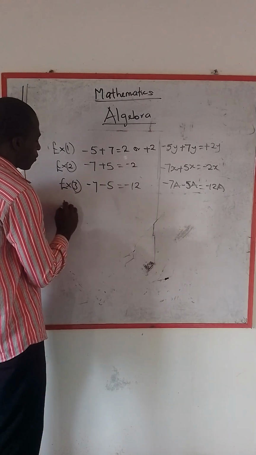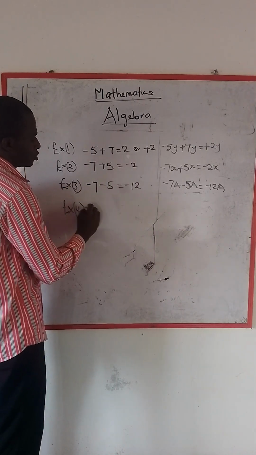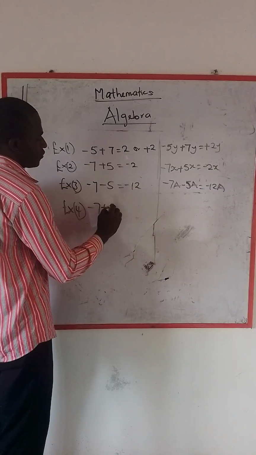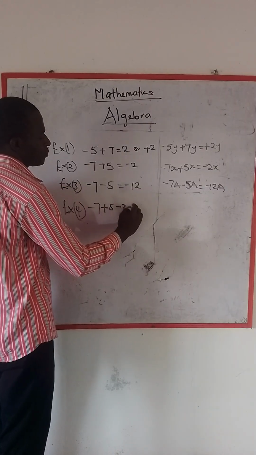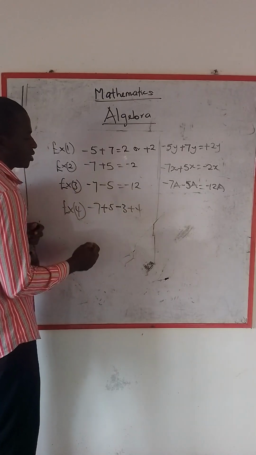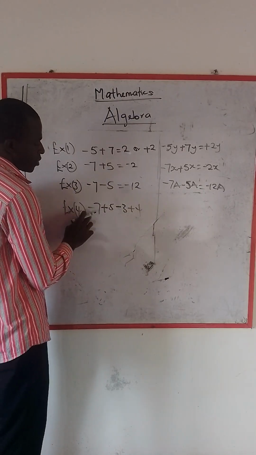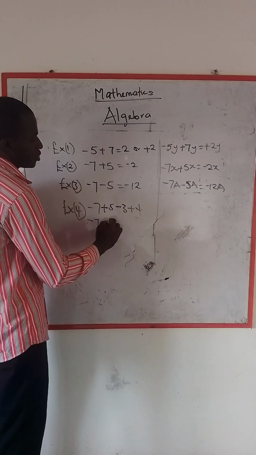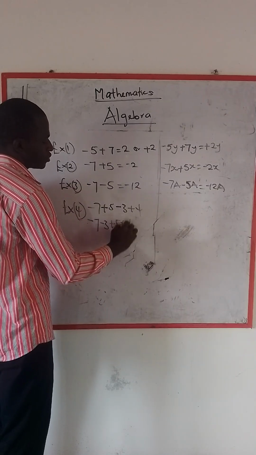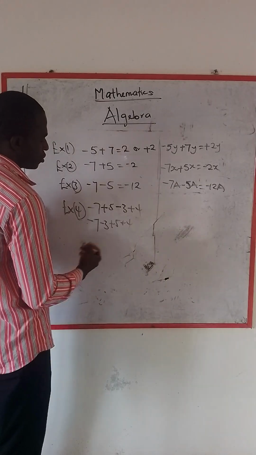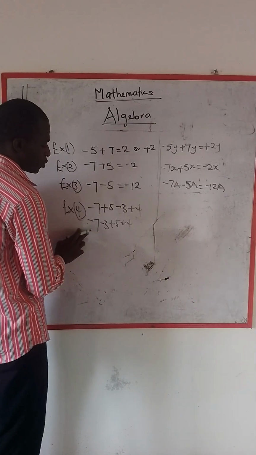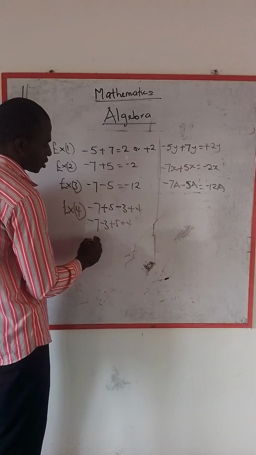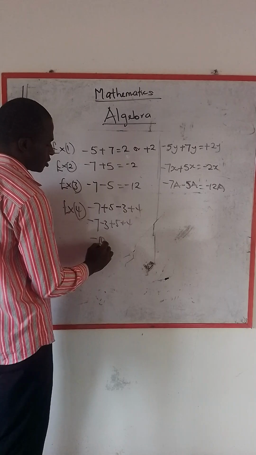So, example 4, I'm going to do the minus 7 plus 5 minus 3 plus 4. Now, like I said, we can work on this. Minus 7, minus 3, you bring them together. Then you now have plus 5 plus 4. Can you see that? When we do that, I'm going 7, I'm going 3, putting all together, I'm going to have minus 10.